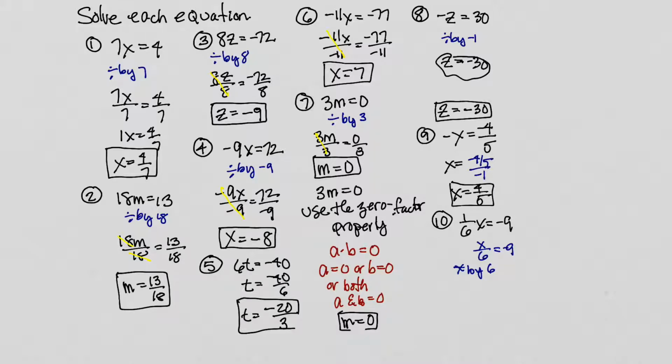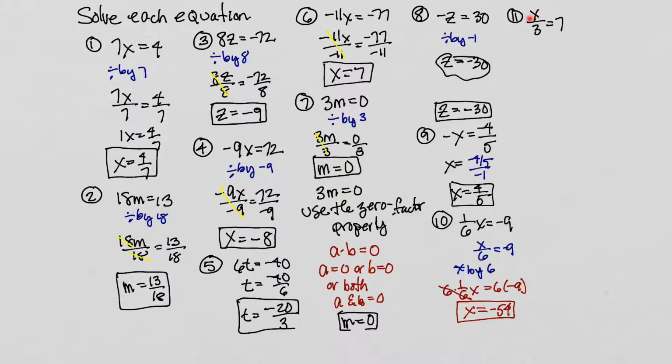If I multiply both sides by 6, it'll be 6 times 1 over 6x equals 6 times negative 9. These 6's cancel. I'm just left with x equals positive times negative is negative. 9 times 6, 54. And our equation is solved.